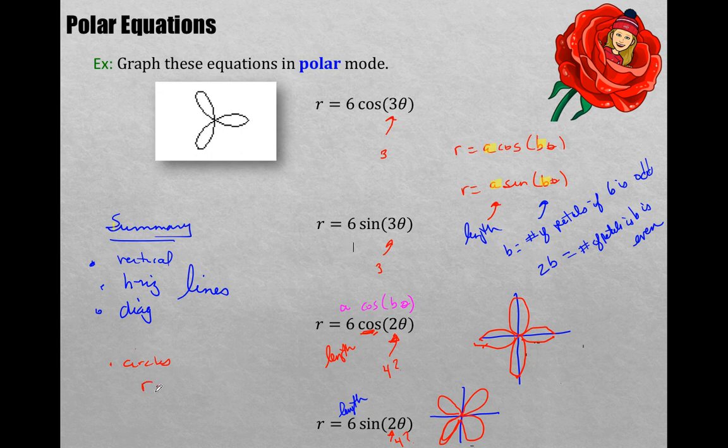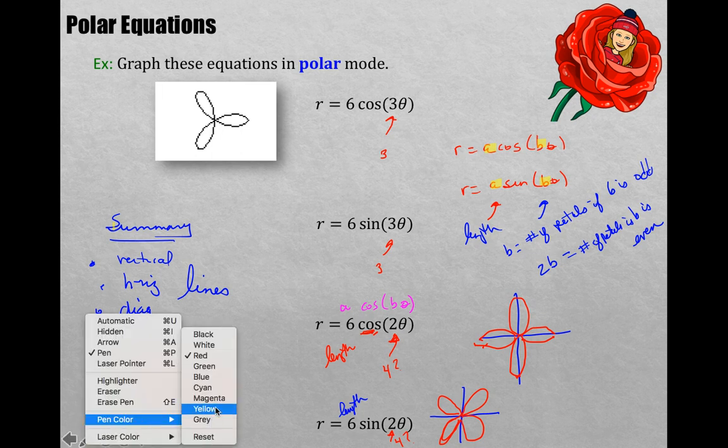And that was r equals a cosine of 1 theta, or r equals a sine 1 theta. Those were circles. We recognized those rectangular forms, right? They were our conic sections from last year. Kind of a little bit nicer, I would say, probably in polar form.